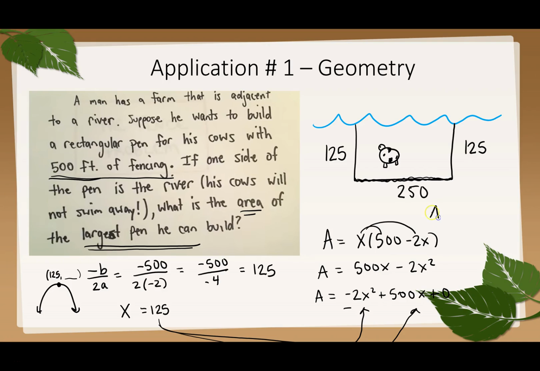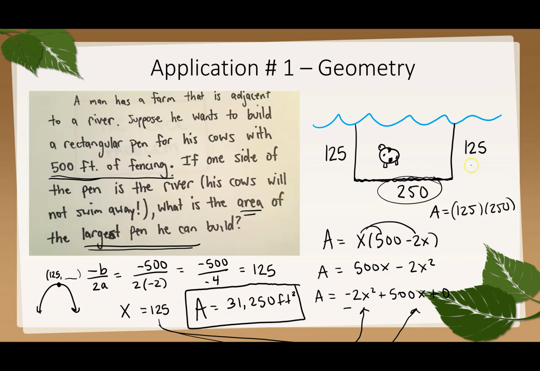So our area is going to be length times width, which is 125 times 250, or 250 times 125. And I get an area of 31,250 square feet would be the maximum. And the dimensions would be a 250 by 125 foot fence.